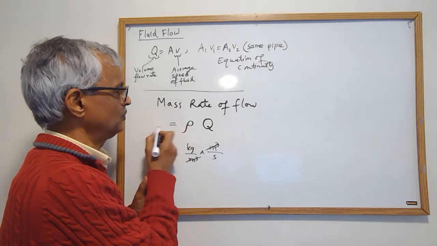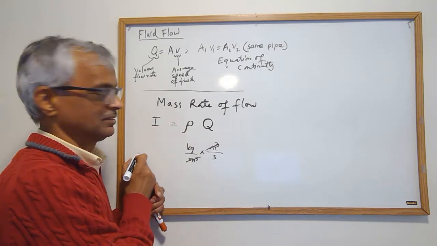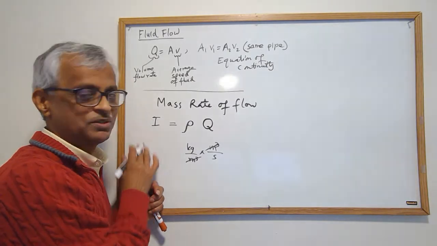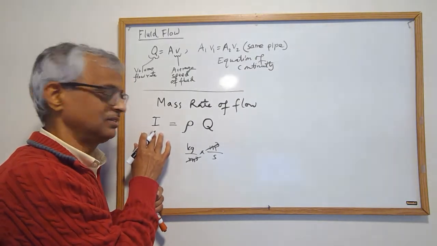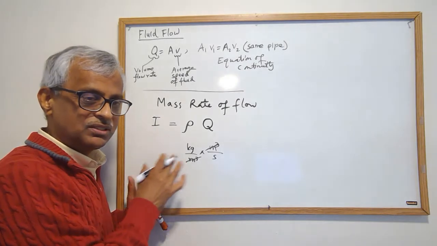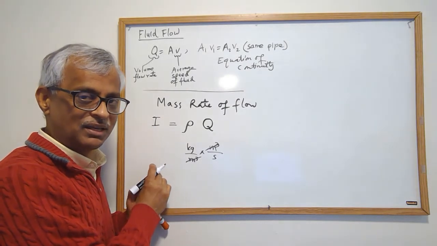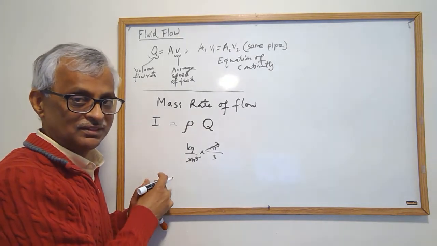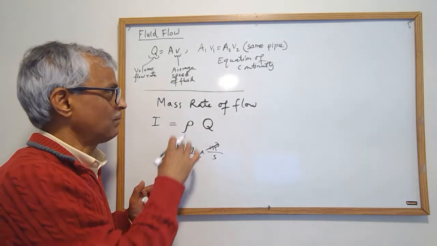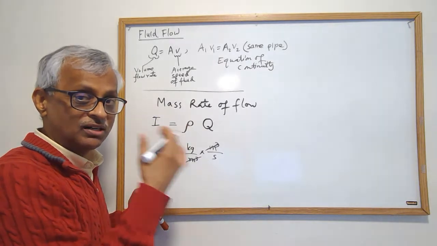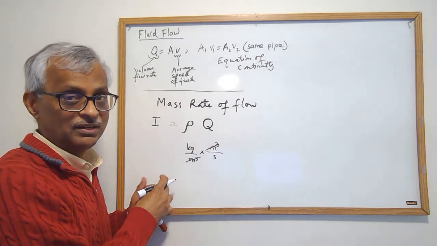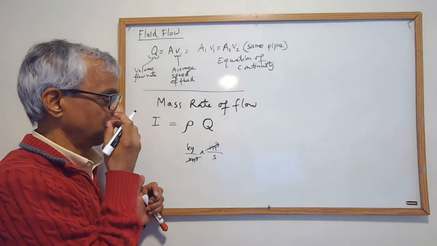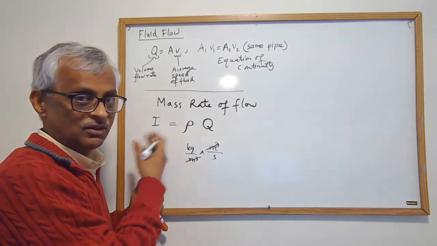We can denote it by I, letter I, which can be confusing because we've used letter I for moment of inertia and other things. But later on, when you study electricity and magnetism, this will be called electric current. There, instead of mass rate, you can say charge rate of flow. That will be current, electric current. Mass rate of flow is simply called mass current or current.